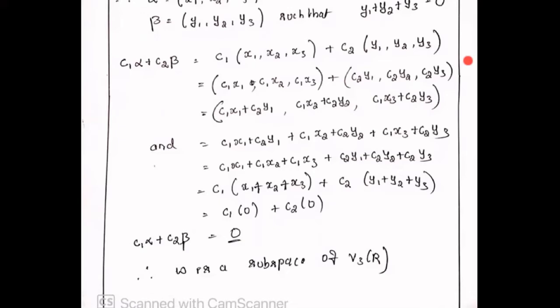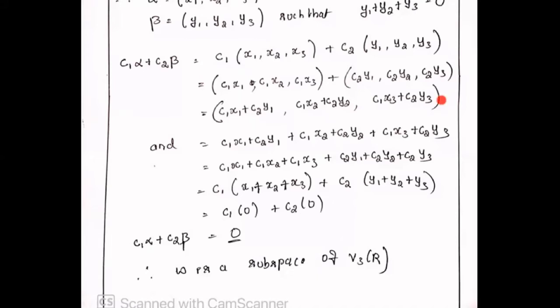Similarly, if you multiply C2 to y1, y2, y3, you get C2 y1, C2 y2, and C2 y3, right? Then you have an addition here. Obviously, you add the corresponding elements. C1 x1 is added to C2 y1, C1 x2 is added to C2 y2, C1 x3 is added to C2 y3. So this is the resultant after adding.